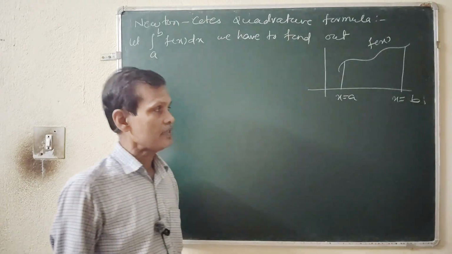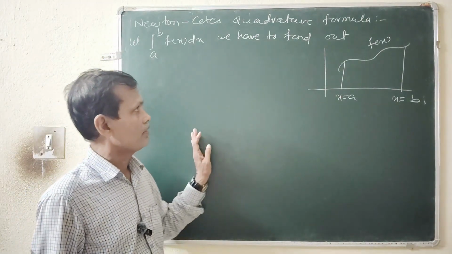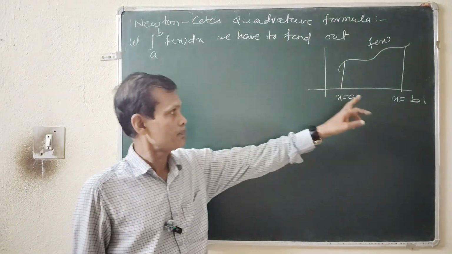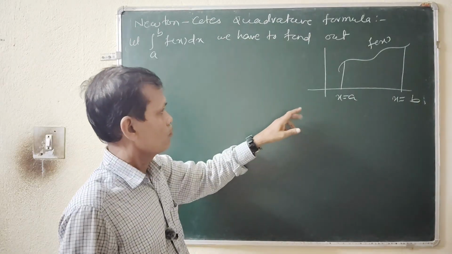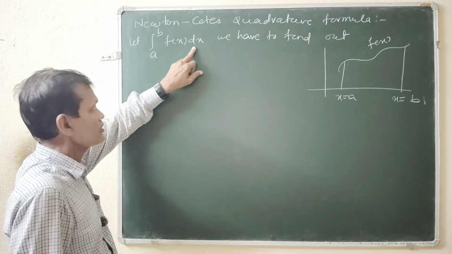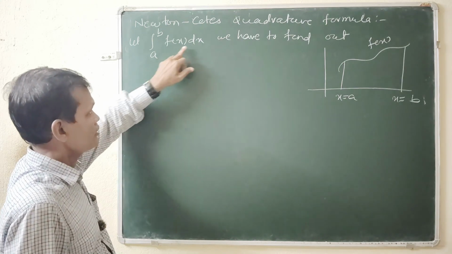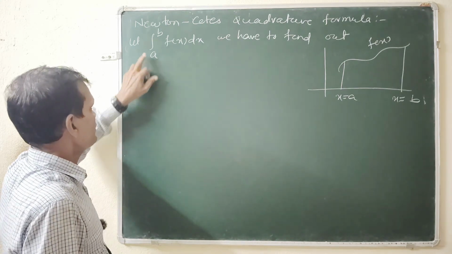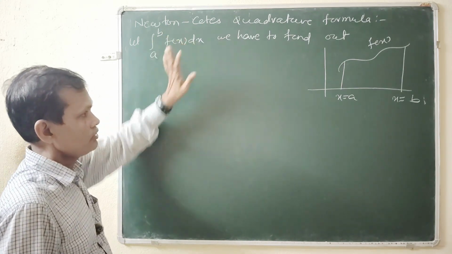The curve is f(x) and we have to find the integral of the function f(x) with respect to the x-axis within the limit a to b. That is why it is given dx. We are integrating the function with respect to the x-axis along the limit a to b. So this is the idea.